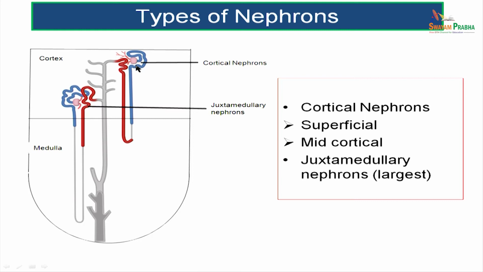The second one is the juxtamedullary nephrons, which are the largest. Their tubules extend deep into the medulla.